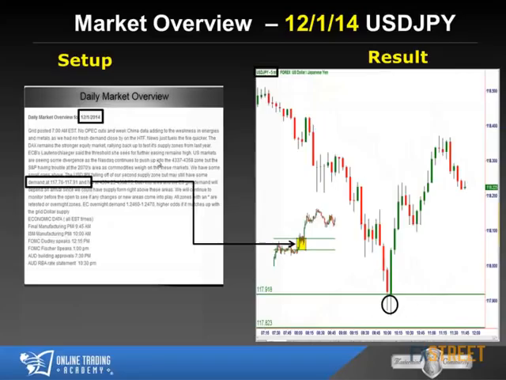Notice the entry here. Very early in the market on the morning on the 1st, we gave a demand zone in the yen right here, instructing our students to buy here if they wanted to. Here's the level. A little bit later, price collapses into that level. That's a big drop in price. Let me ask you this. Who's going to be a little nervous pushing the buy button after what's probably the biggest red candle on the chart right here?